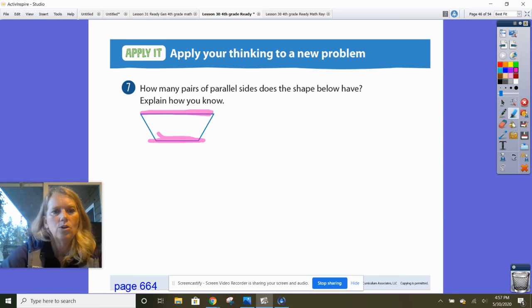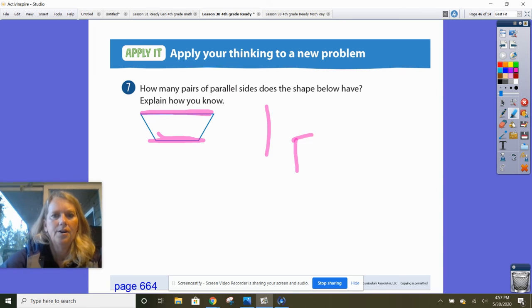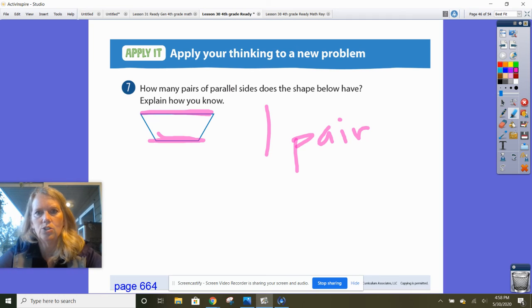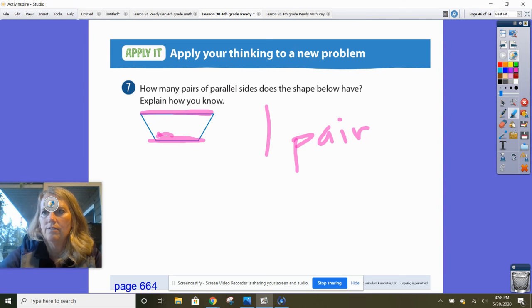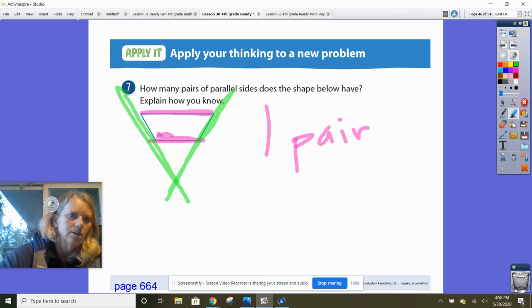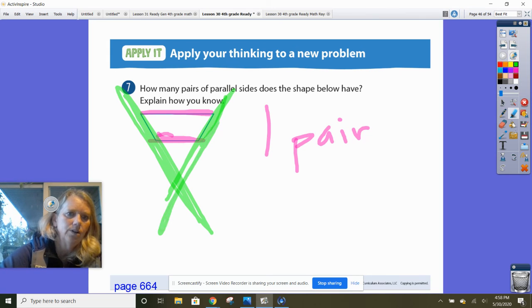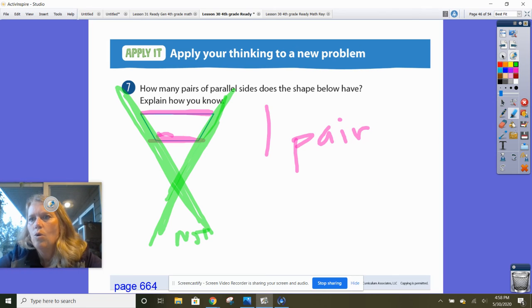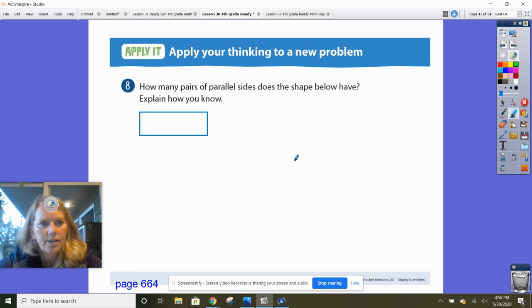We need two sides to make a parallel, so one pair. These ones over here, I'll do in a different color for our non-example. These are going to eventually cross if they keep going, so not parallel.